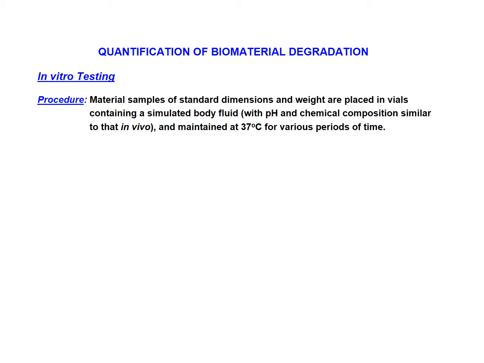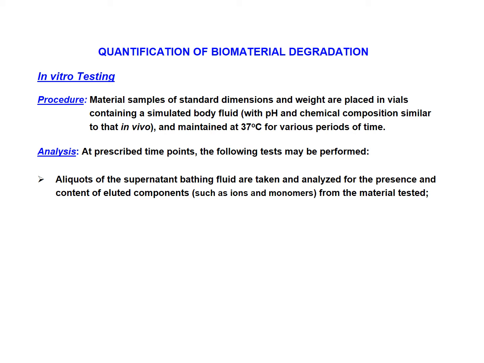The material samples of certain specific dimensions and weight are placed in vials or containers, which also have a simulated body fluid, for example, one that has a chemical composition similar to that in vivo, a certain specific pH, etc. And these specimens immersed in that simulated body fluid are maintained at 37 degrees centigrade for various periods of time. At prescribed time points, the following tests are performed.